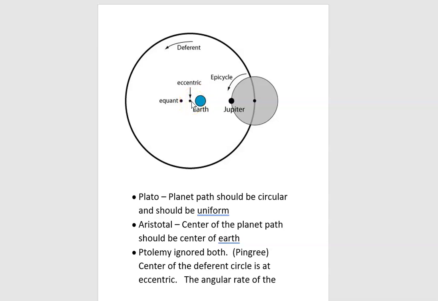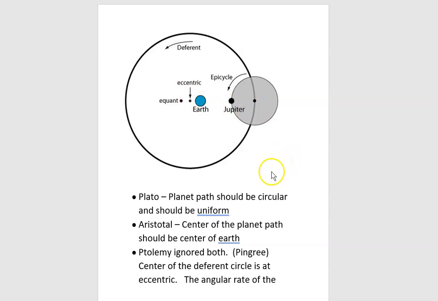And across the eccentric, or the center of the circle, the center of this epicycle moves around. And the planet moves around the center of the epicycle. So the planet moves around like this, and the planet is not moving as the center of the Earth.